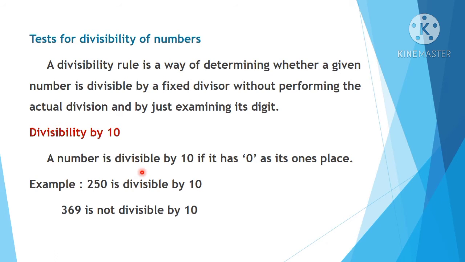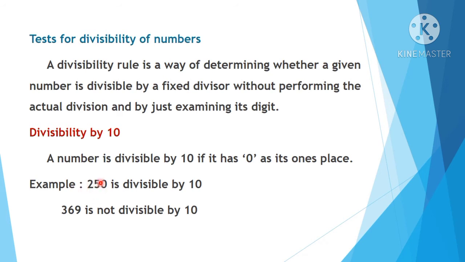Next one, 369. Is 369 divisible by 10? No. Why? In the ones place you are having 9. What is the rule? In the ones place, if you are having 0, then that number is divisible by 10. Here in the ones place you are having 9, so it is not divisible by 10.